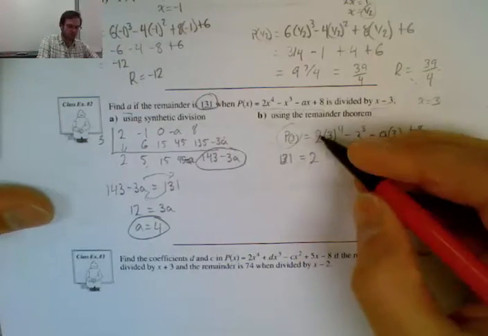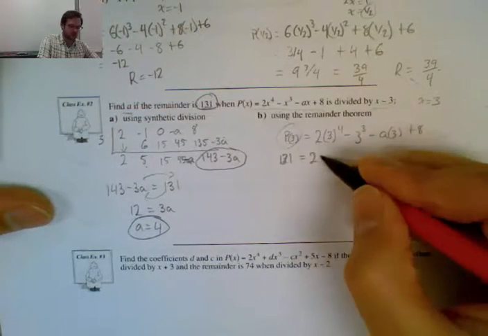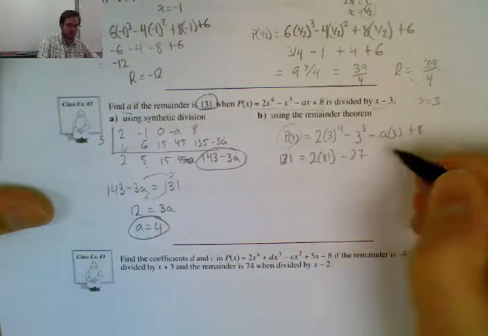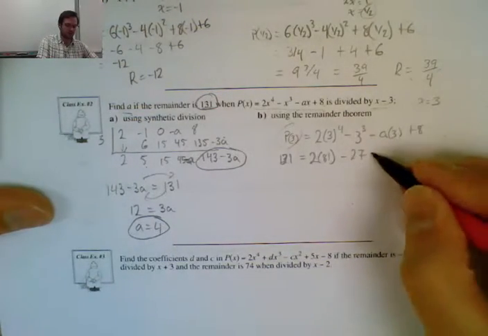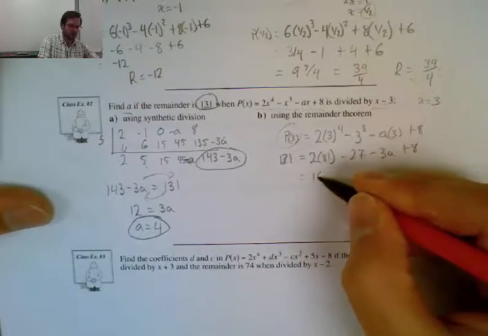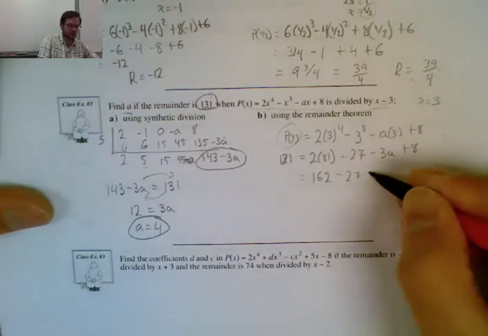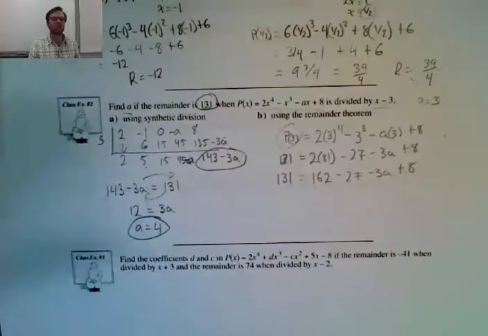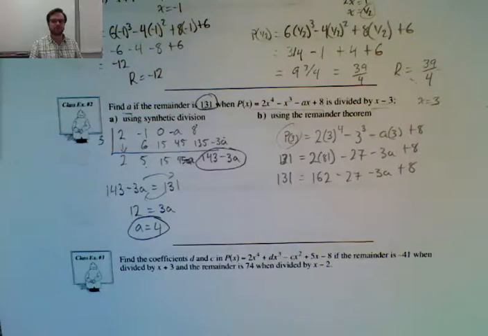Now 3 to the power of 4 is 81, so that's going to be 2 times 81. And then we have minus 27, and minus 3 times a, plus 8. So I'm going to continue this off. I'm going to get 162 minus 27 minus 3a plus 8 equals 131. And now we're just going to solve for a.